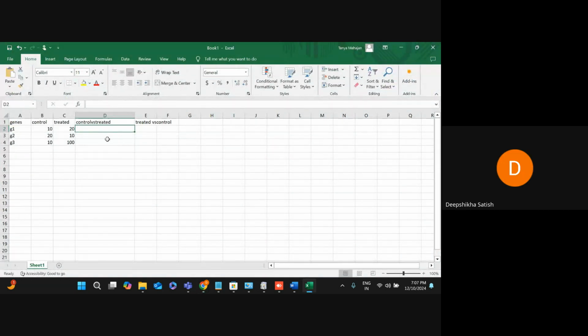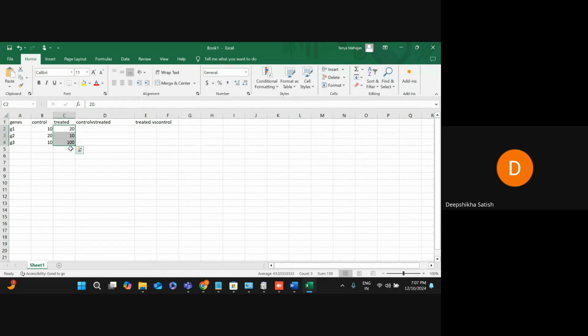Yes, thank you. Okay. So I told you in this A column, these are my genes. I'm taking just an example of three genes here, gene 1, gene 2, gene 3. This is my control sample and these counts are my reads. And this is for the treated sample.